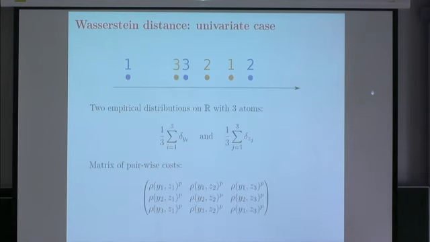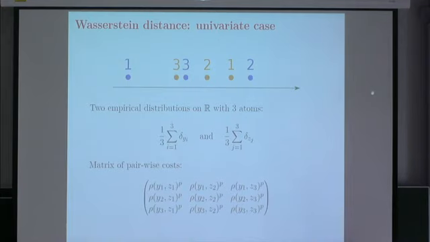This is a very simple-minded cartoon to look at the problem. If you do it in dimension 1, and you have 3 realizations from the first distribution and 3 from the other one, you just want to minimize the distance between those 3 points for both distributions, which are, in a sense, empirical distributions in that case.